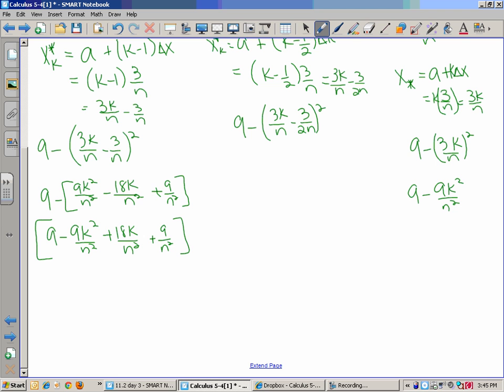And I'm going to take that height and multiply it by the base, which is 3 over N. So I get 27 over N minus 27K squared over N cubed plus 54K over N cubed plus 27 over N cubed.